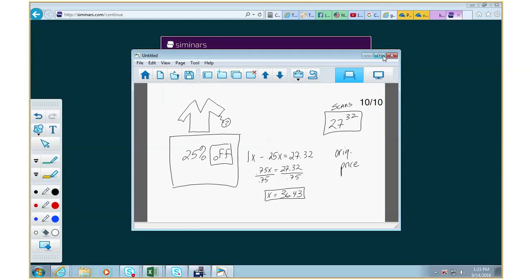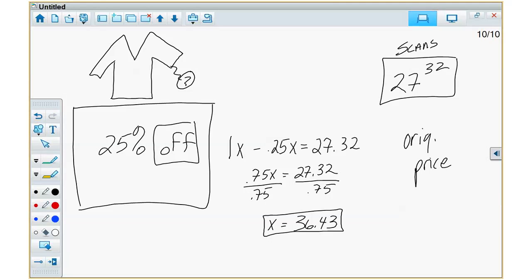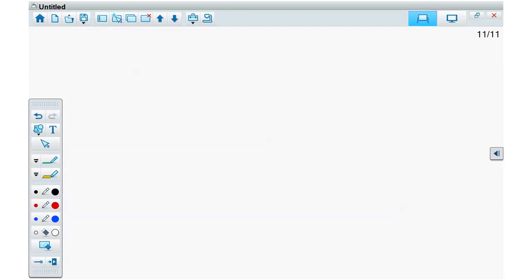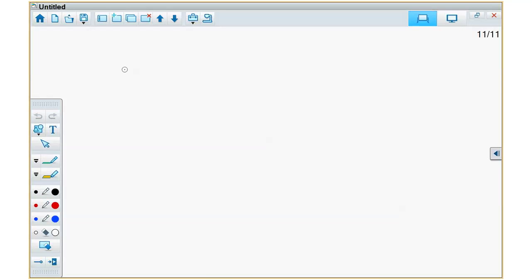So that's how you do the Walmart equation. One more. Let's say that you are at a restaurant, trying to think of the problem that they're giving us.